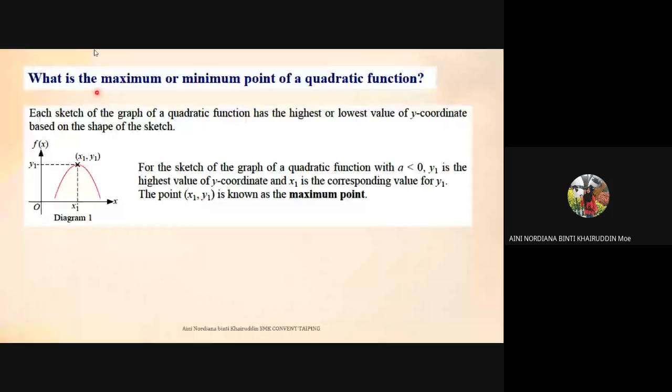Okay, maximum or minimum point of a quadratic function. This one simple. If you have sad shape graph, then it has a maximum point. If the smile shape graph, here minimum point.